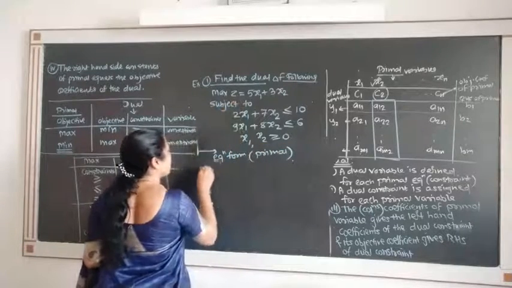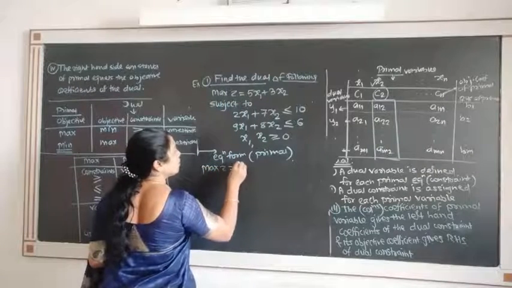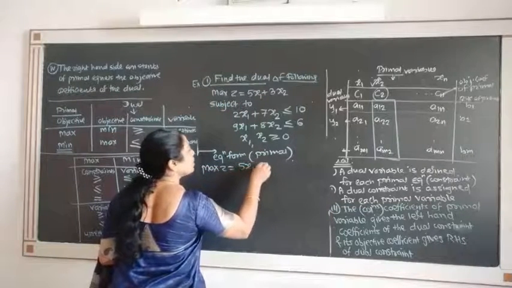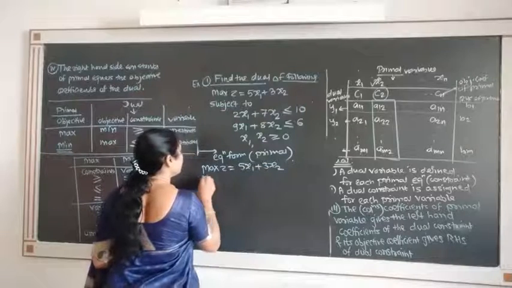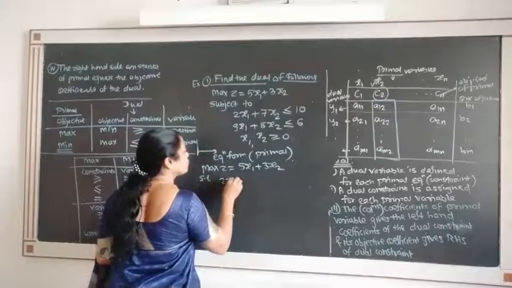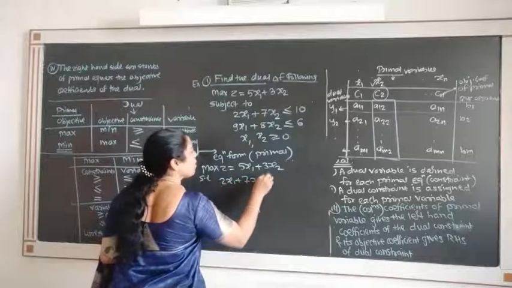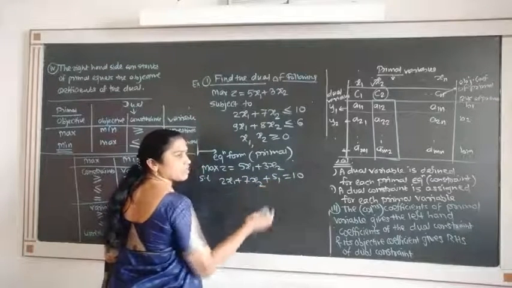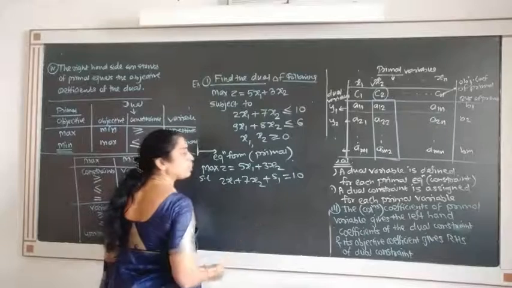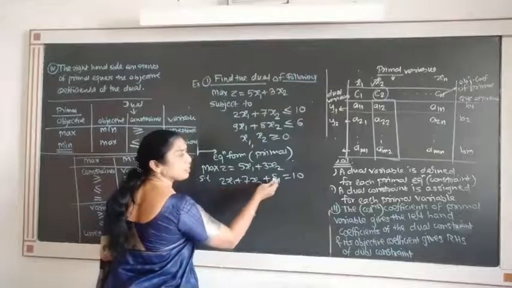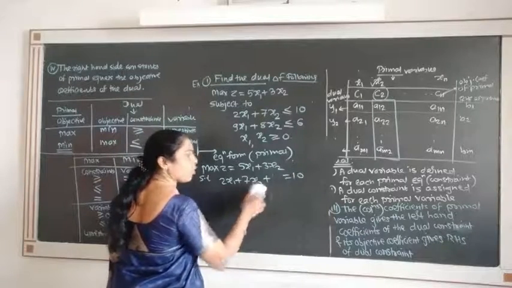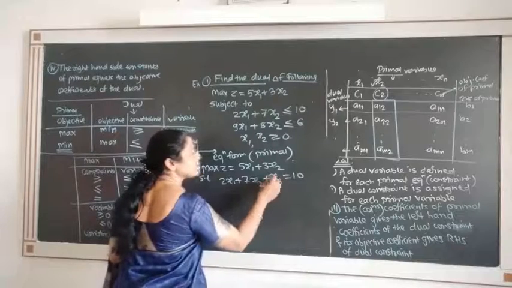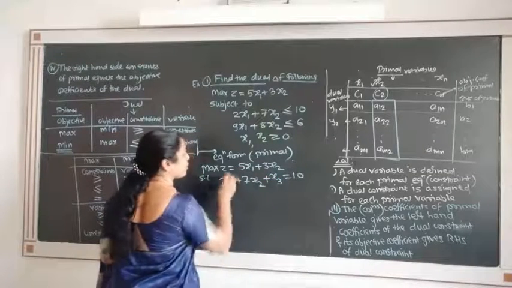Maximize Z equal to 5x1 plus 3x2 subject to constraints 2x1 plus 7x2 plus s1 equal to 10. You can choose the variable names, say x3, x4. So take x3 as the slack variable.